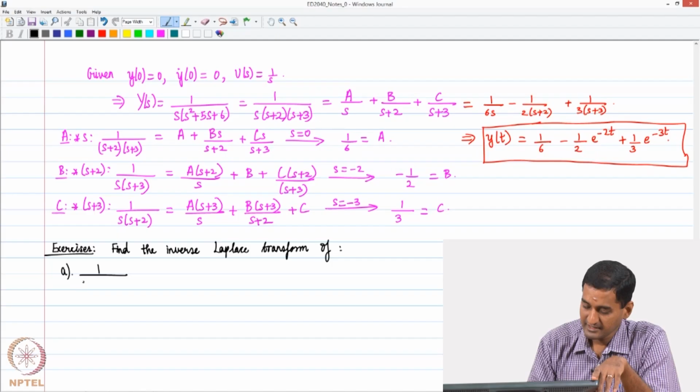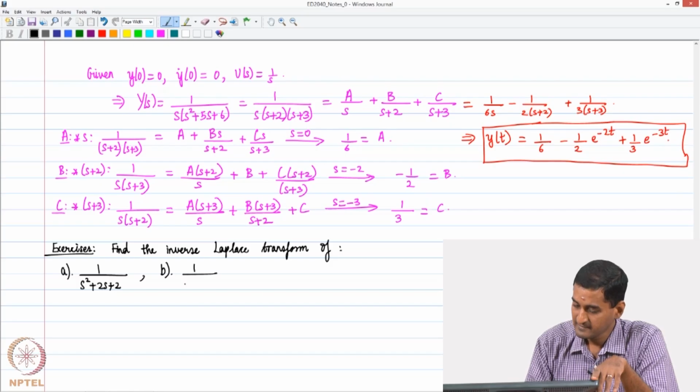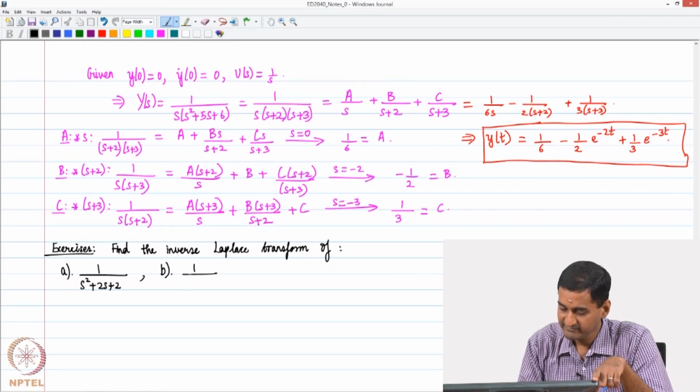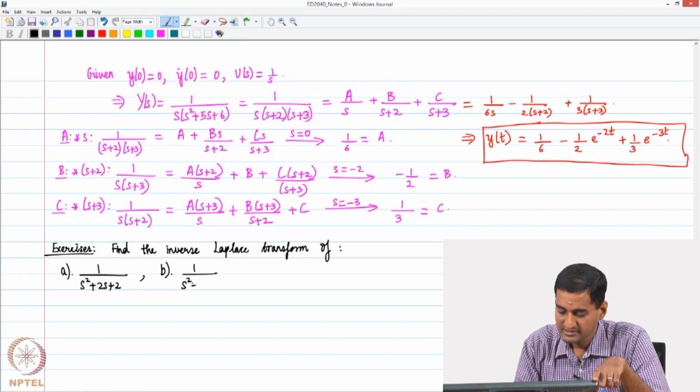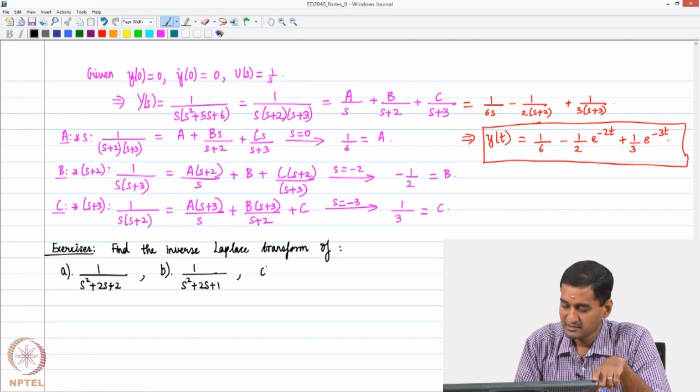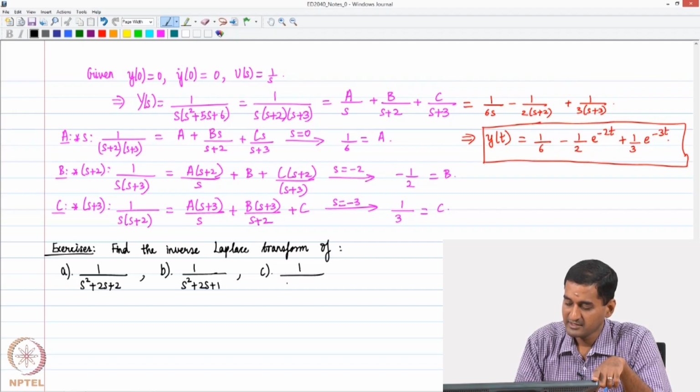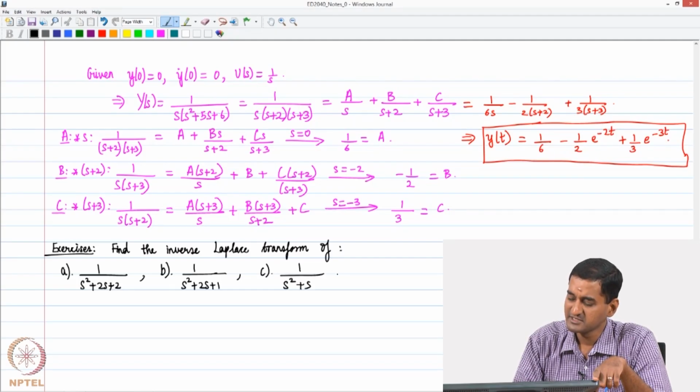So please go back and find the inverse Laplace transform of the following functions. 1 divided by s squared plus 2s plus 2, let's say 1 divided by s squared plus 2s plus 1, right. 1 divided by s squared plus s. I'm just giving simple examples.